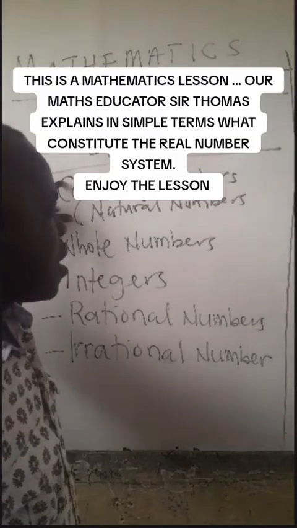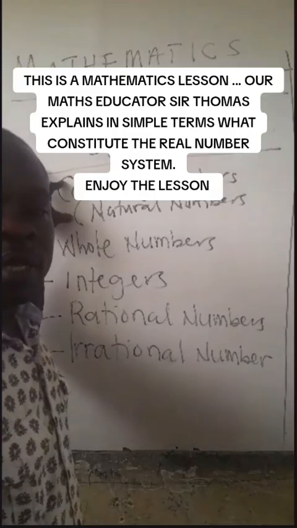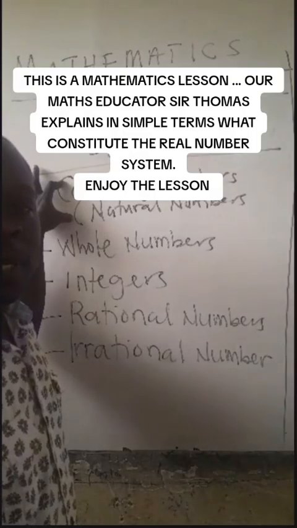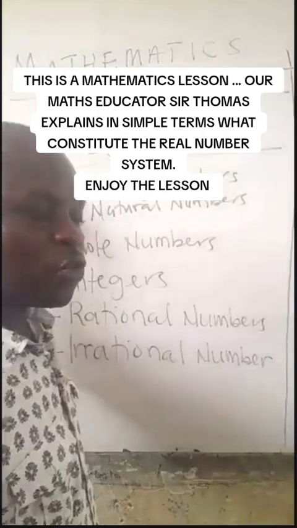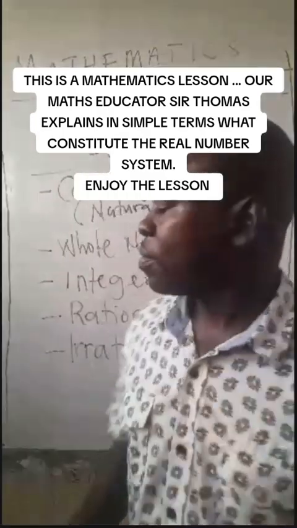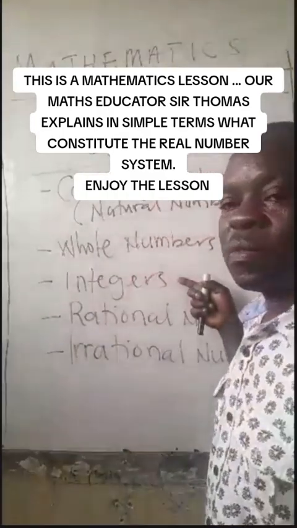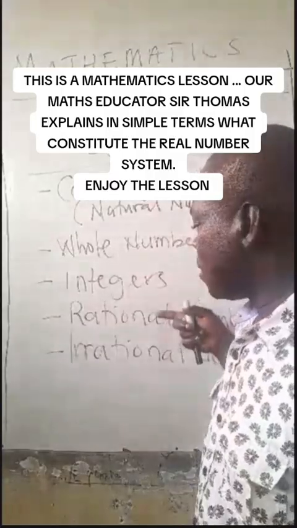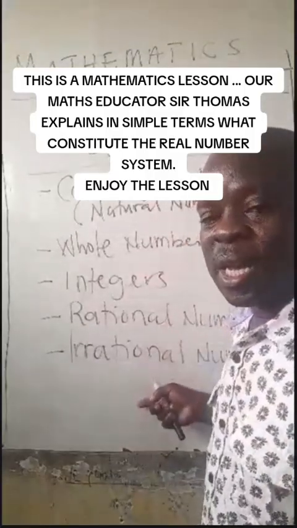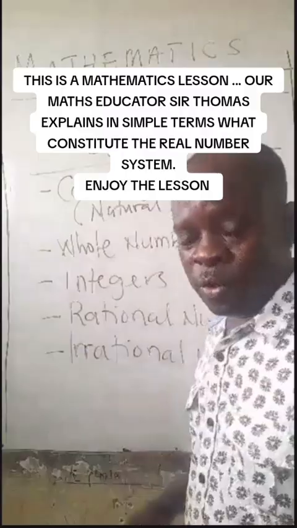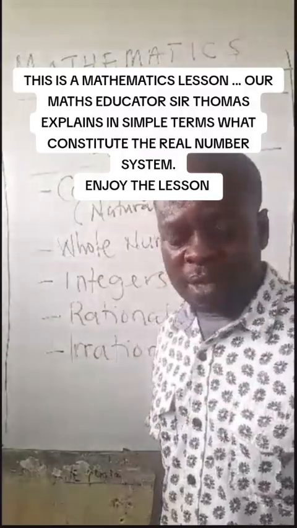So how do we describe the counting numbers? What happened to let us move on to the whole numbers? Then what makes up the integers, followed by rational numbers and irrational numbers? We are going to go into it one after the other. So follow me.